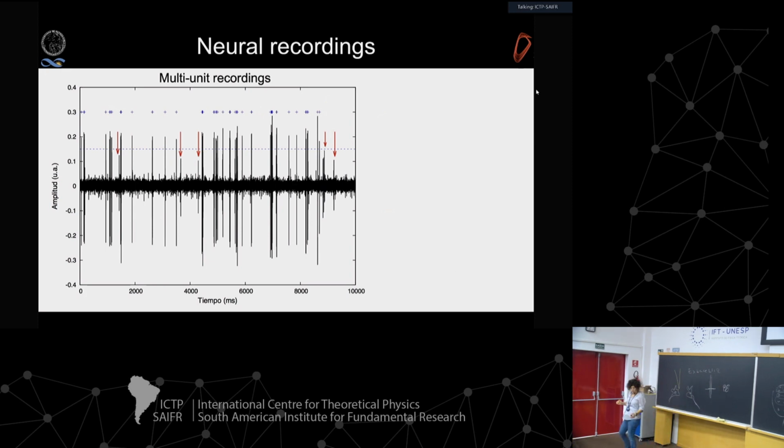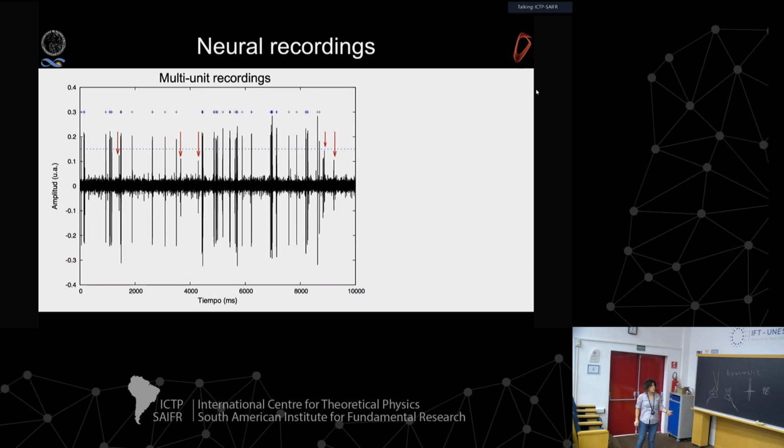Okay? So what are these spikes? If these are extracellular recordings, so this is what I have. I have the electrode that is outside the neuron. So what are those spikes?